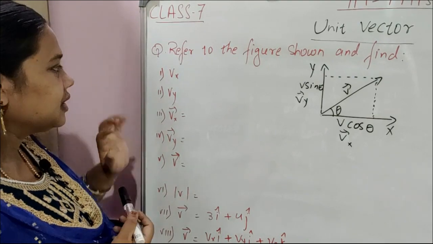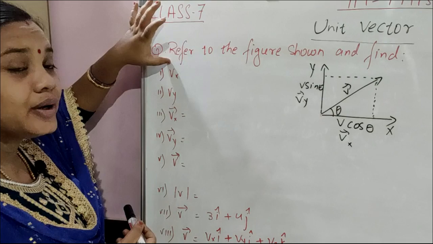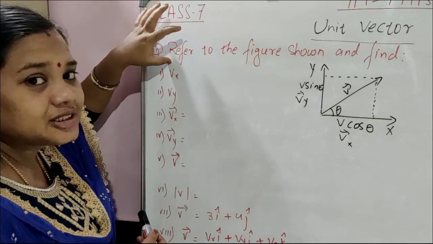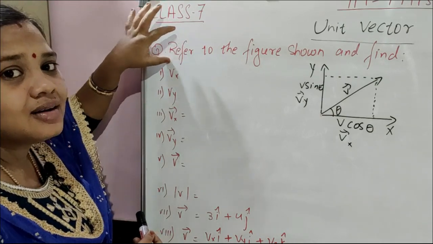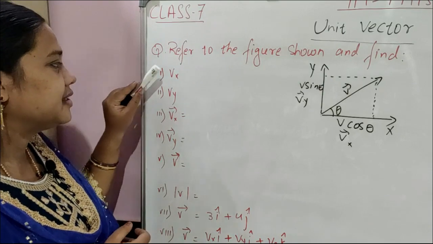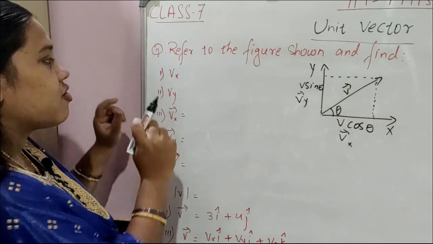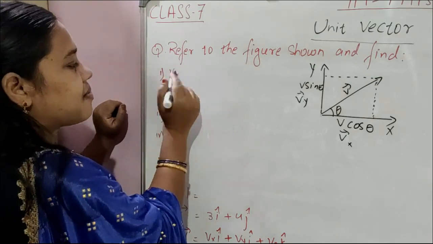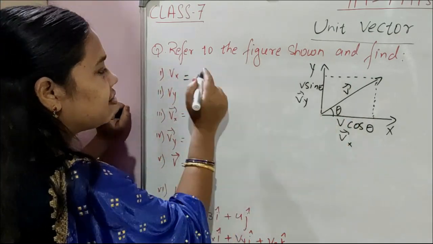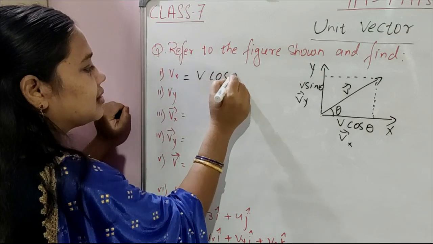Vx. Here you can see there is no arrowhead. No arrowhead means it's not a vector, it's a magnitude. You have to find the magnitude of vector Vx. So vector Vx magnitude is V cos theta.